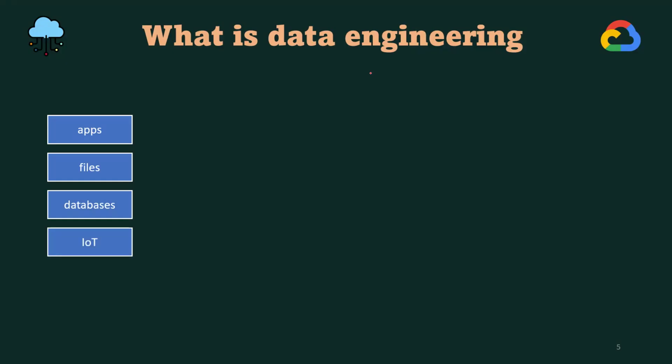Sensor devices nowadays are generating huge amounts of data. So you have data coming from multiple data sources. These are all called data sources, guys. Applications, file formats, databases, and IoT devices.